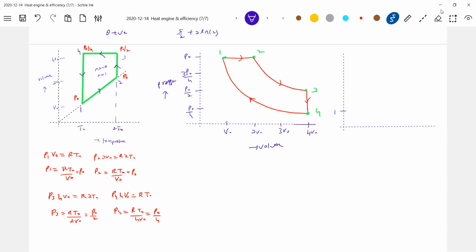Let me write, no problem. This is about pressure. This is about volume V0. The PV graph for temperature T0 to 2 T0. Okay, this is about pressure.